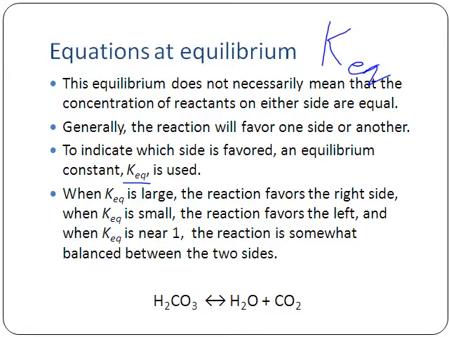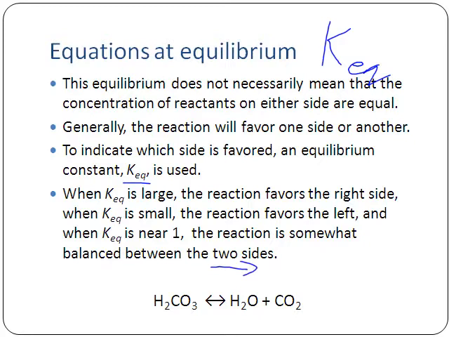Now, here's what KEQ tells you. If KEQ is very large, you get a very large number, like several hundred or several thousand. That means the reaction is going to favor the right side. You're going to have higher concentrations on the right side than you will on the left.